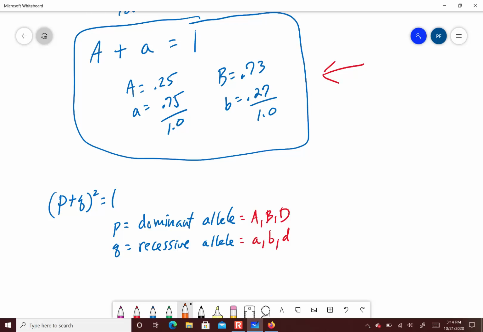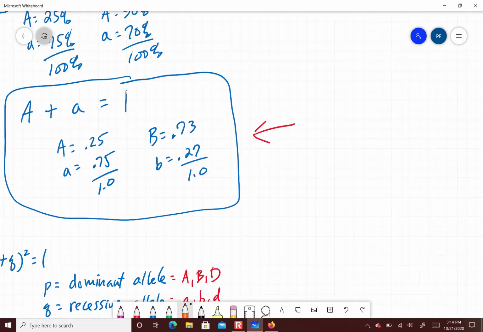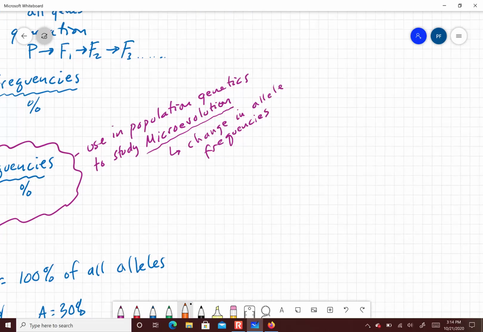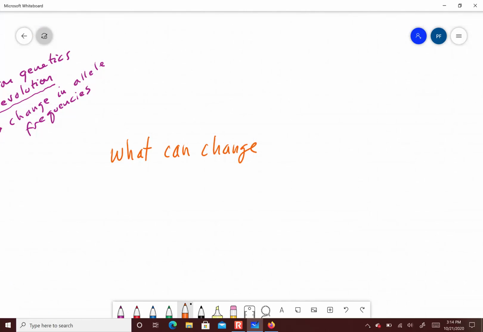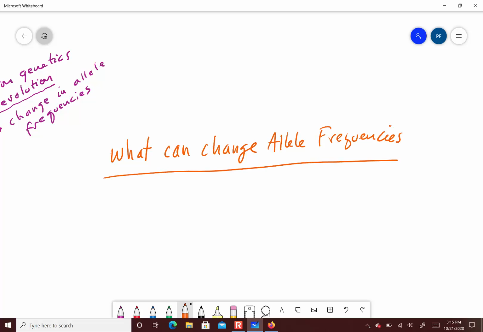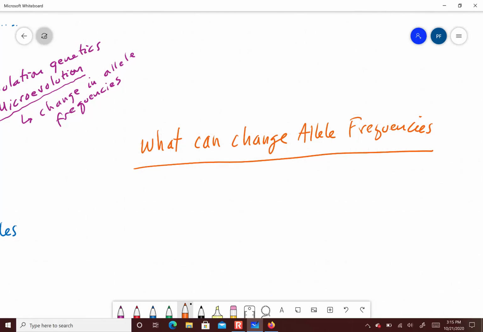All right, so the last part of this is, if microevolution is changing allele frequencies, what can change allele frequencies. Let's wrap this up by saying that if that's what we're looking for to decide if there's microevolution, we're looking to see, are these allele frequencies changing, yes or no?